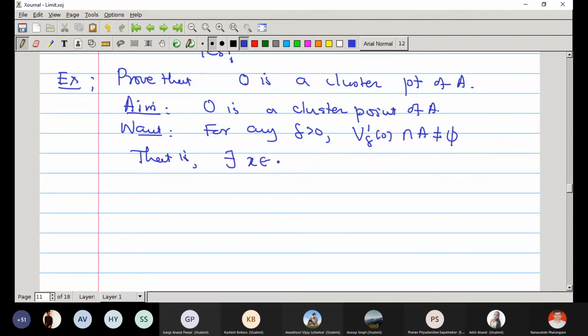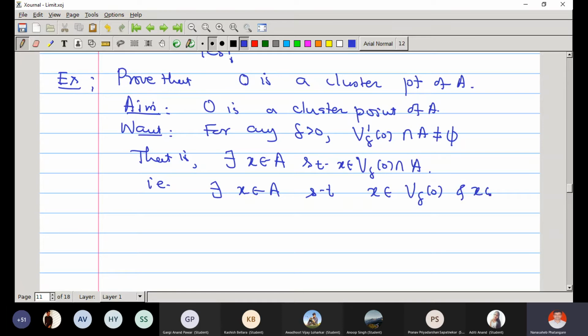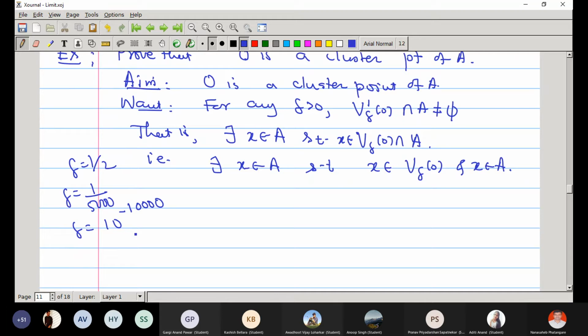That is, there exists x in A such that x belongs to V delta 0 and x is in A. That means for any delta, however small, say delta equal to half, or 1 upon 5000, or 10 raised to minus 10,000, which is a very small number, it must be true.